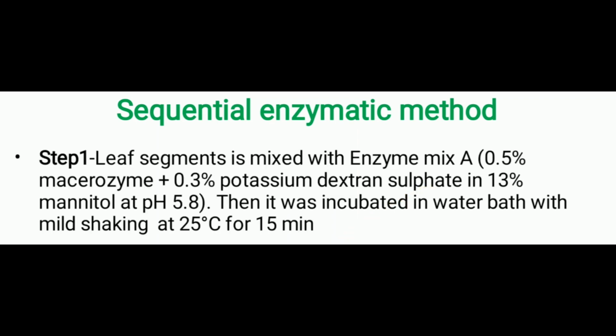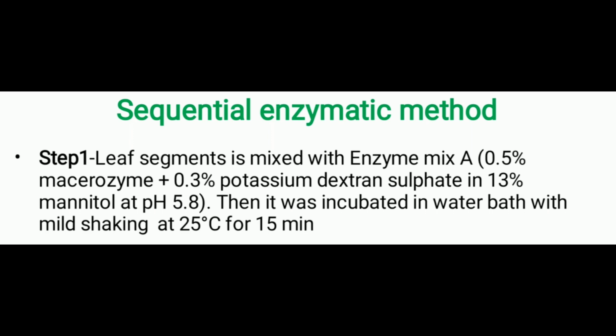Sequential enzymatic method: as step 1, the leaf segments are mixed with enzyme mix A, mostly targeting the pectins to release the cells. It consists of 0.5% macerozyme plus 0.3% potassium dextran sulfate and 13% mannitol, and the pH is maintained at 5.8.